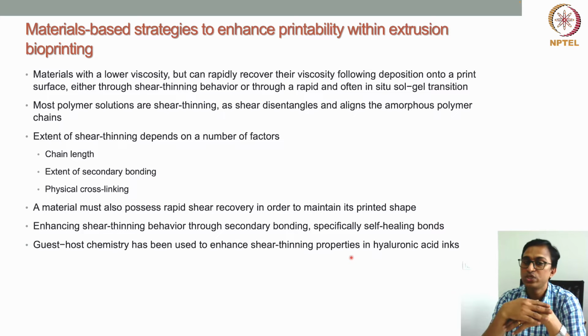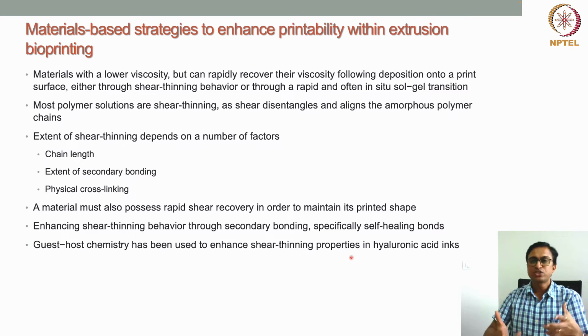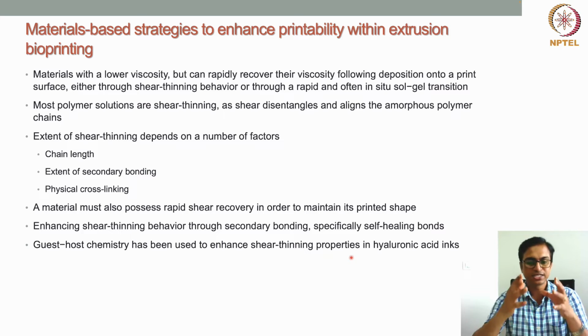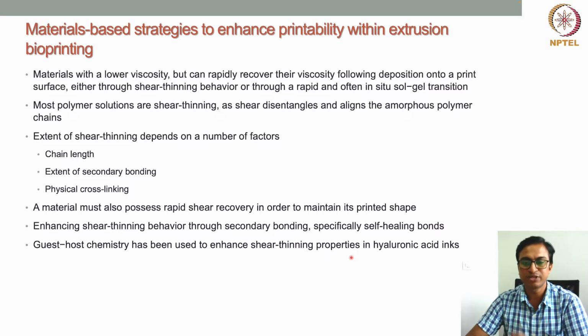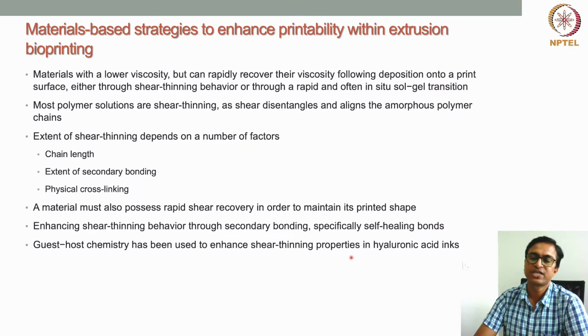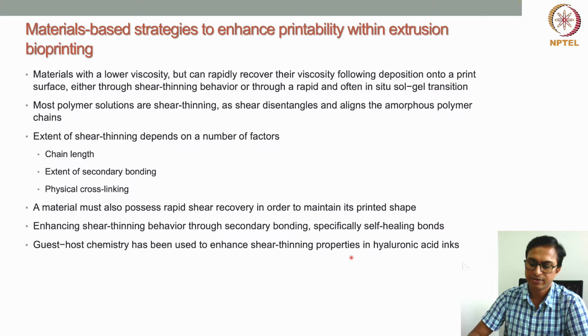If we are using a material with very high shear thinning behavior, then that helps us, because when it is coming out of the nozzle the viscosity is low, which helps to extrude the material at low extrusion pressure. But whenever the material comes out of the nozzle, the viscosity again goes high.